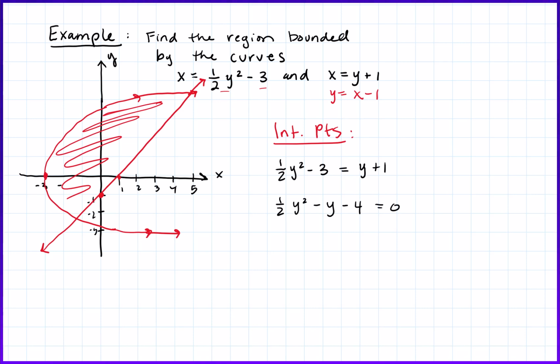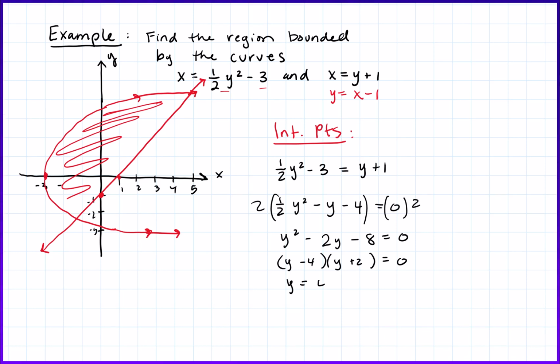And then I'm going to do a little fraction busting. If I multiply everything by 2, I'll make it easier to work with without the fractions. I get y squared minus 2y minus 8 equals 0. That's now a quadratic, and I can factor it. So I get y minus 4 and y plus 2 equals 0. So y equals 4 and y equals -2.